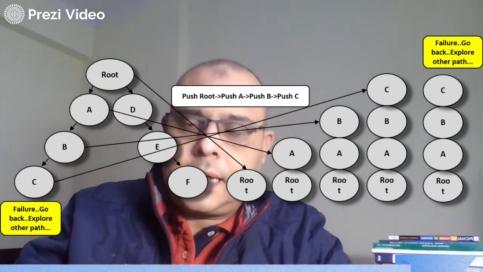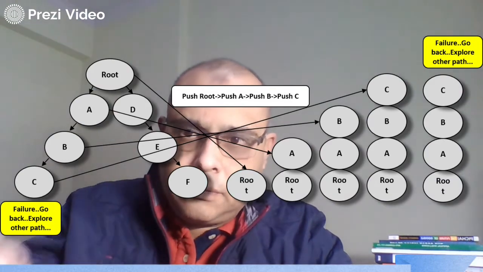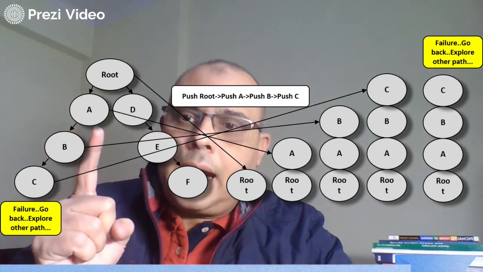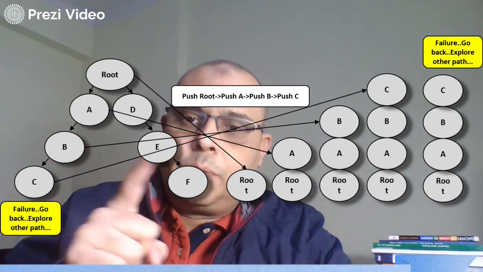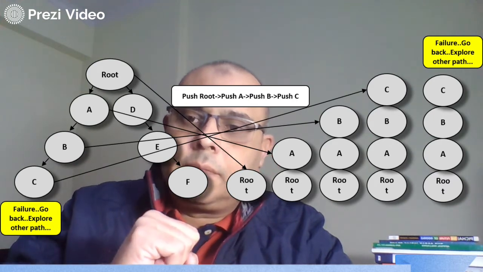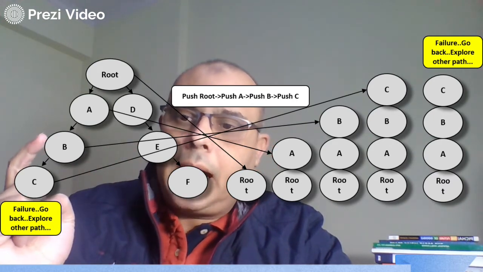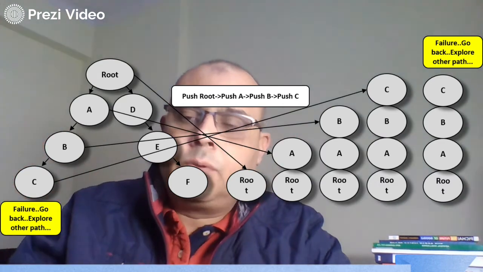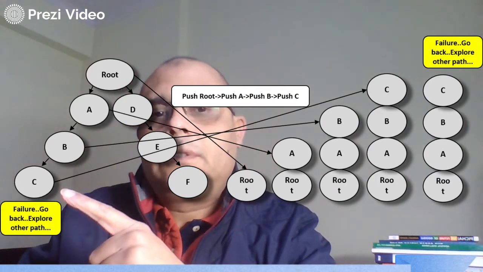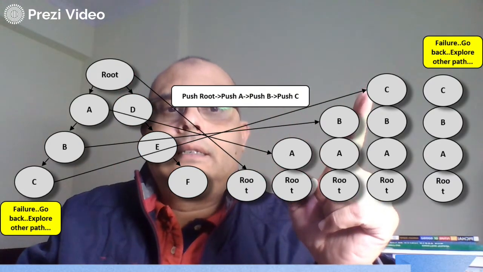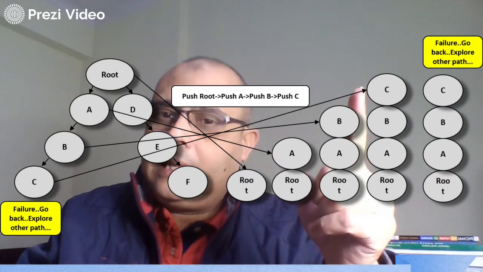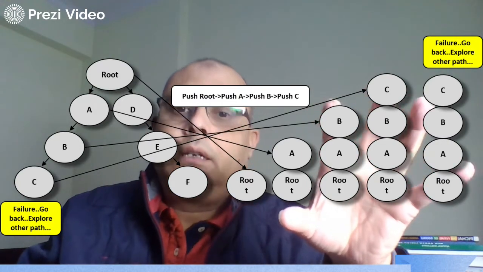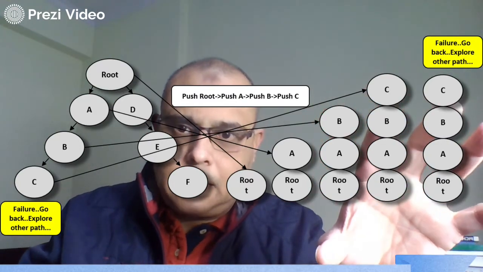So it comes inside the stack and it moves to the next node, that is node A. Now the address of node A is pushed inside the stack, then it moves to node B. The address of node B is pushed inside the stack and it goes to node C, and the address of node C is pushed inside the stack.